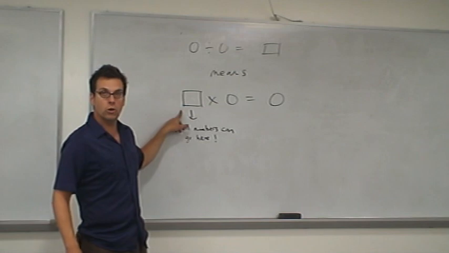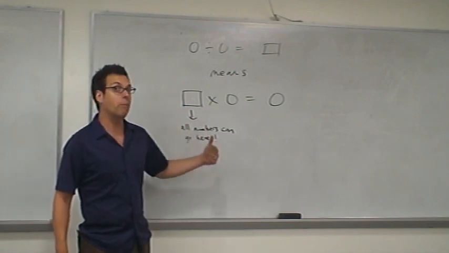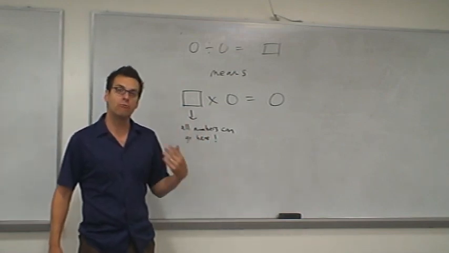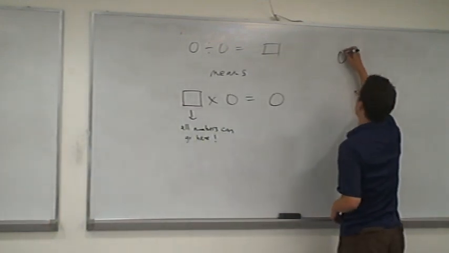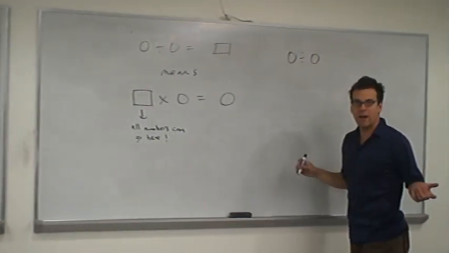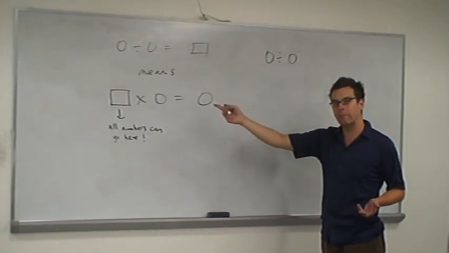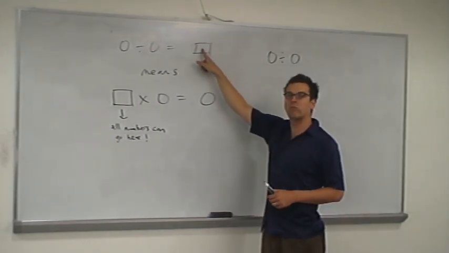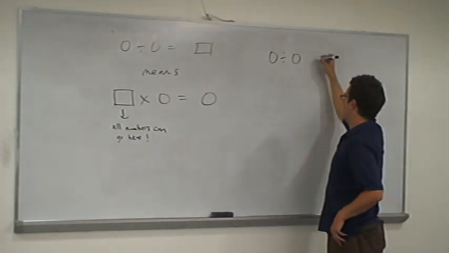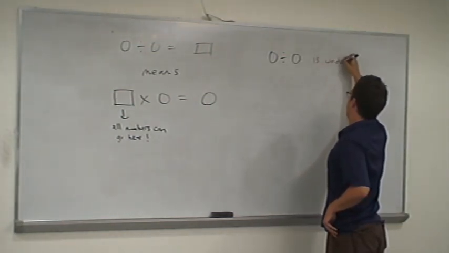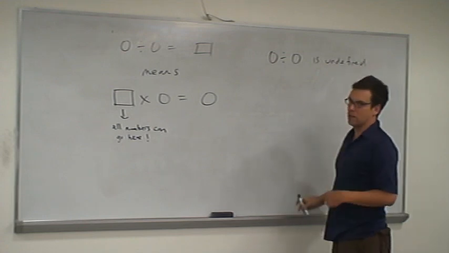The quotient could be anything if we go by our definition of division. So for that reason, we are also going to say that 0 divided by 0 is undefined. Because how would you define it? Every single number could go in that blank. We don't want to say that every single number could be the answer to this question. So for a slightly different reason, we're also going to say that 0 divided by 0 is undefined as well.